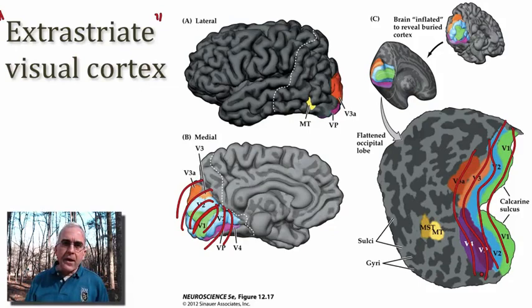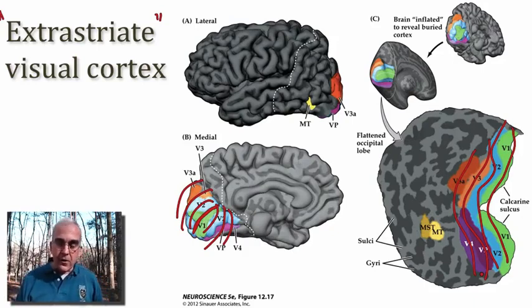But what we find is an increasingly more abstract representation of particular aspects of our visual world. One particular strategy that our visual system employs is the process of parallel pathways. And we see that elaborated in our extrastriate visual cortex.